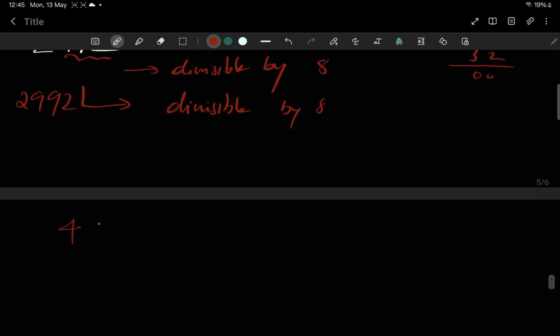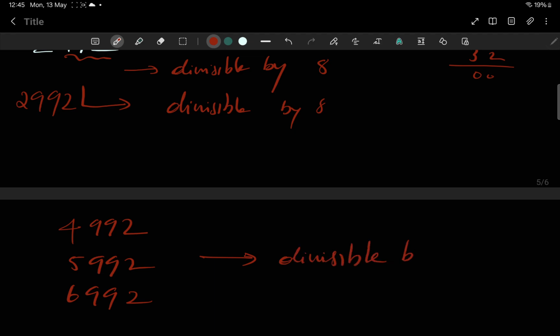Similarly, 4992, 5992, 6992, all will be divisible by 8, because the last three digits 992 are divisible by 8. For checking the divisibility rule of 8, we need to check the last three digits. If the last three digits are divisible by 8, then for sure the number will be divisible by 8.